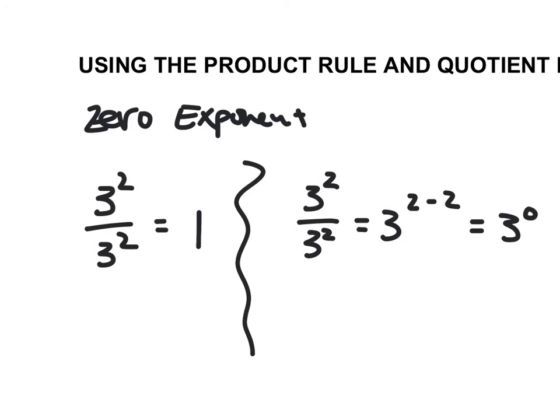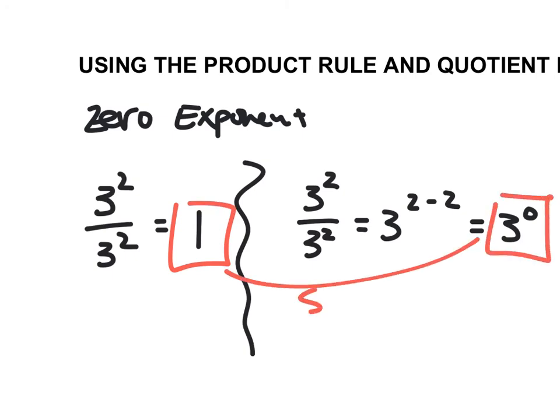Now, what I want you to see is that I thought about this problem 2 different ways, and I get 2 different answers. But what we need to realize here is that 1 and 3 to the 0 are the same thing. Okay, and I can write this as 3 to the 0 is equal to 1. Okay, and that's our rule.